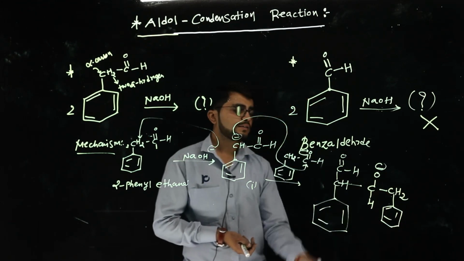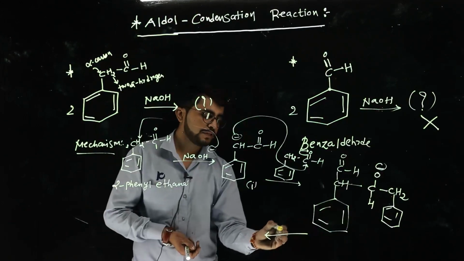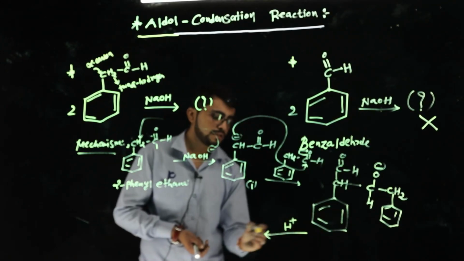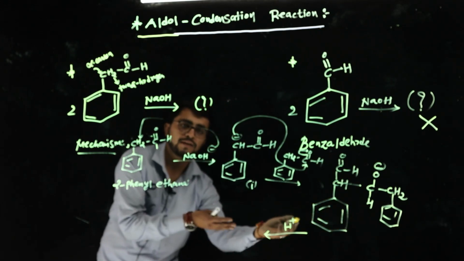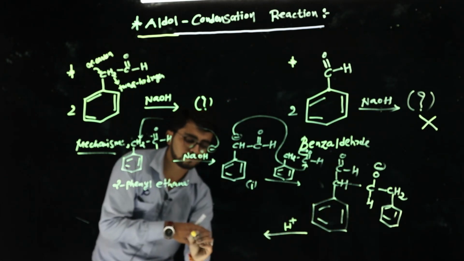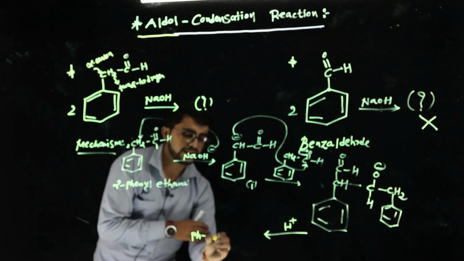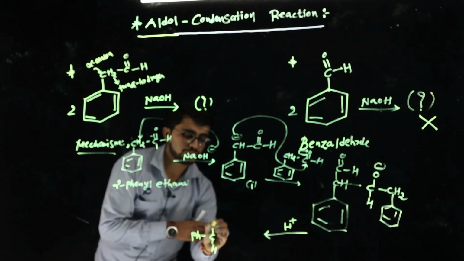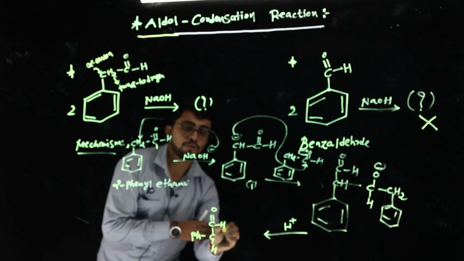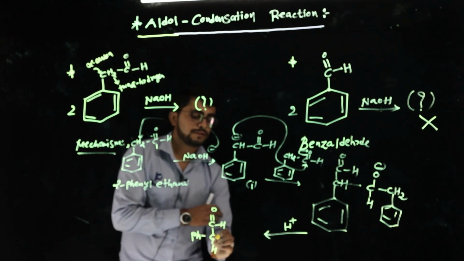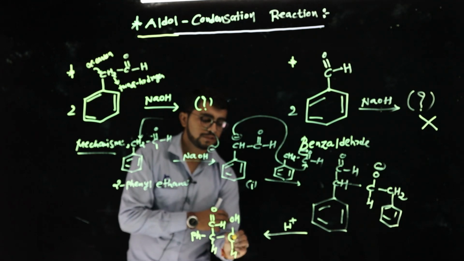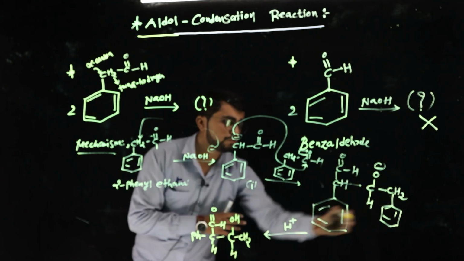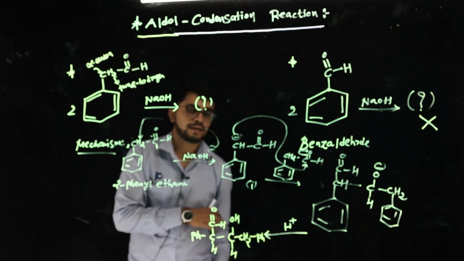After acidification of this compound with H plus, the final product is written with the benzene ring as phenyl form. So phenyl CH, CHO, and CHOH, CH2, phenyl.